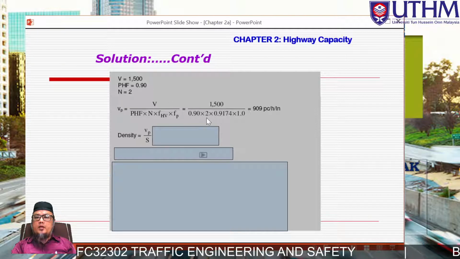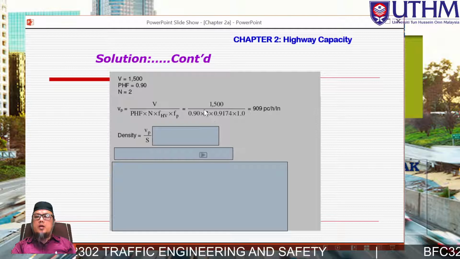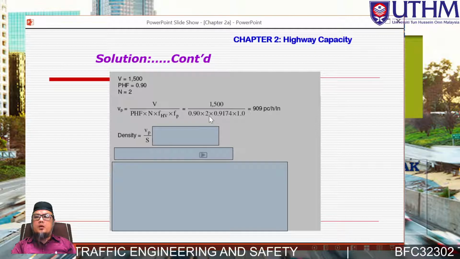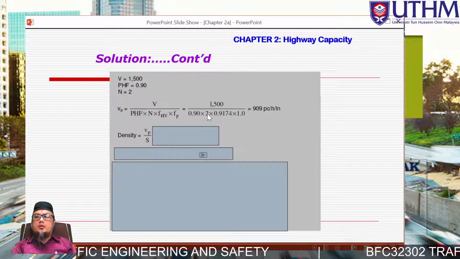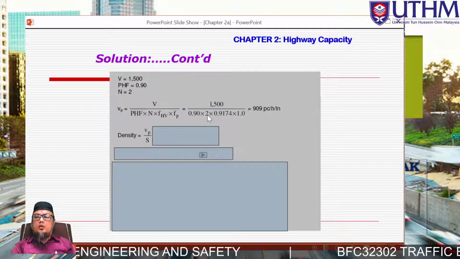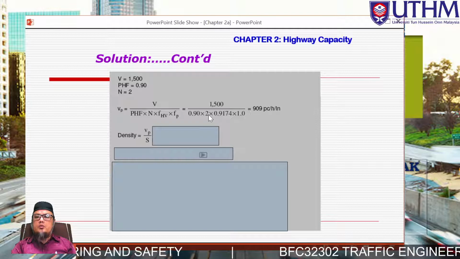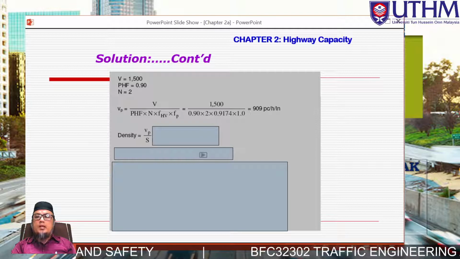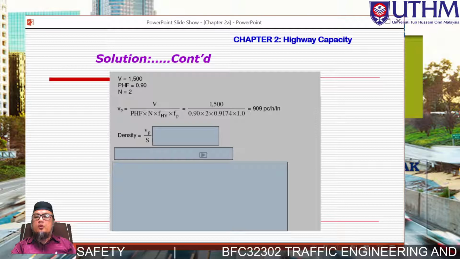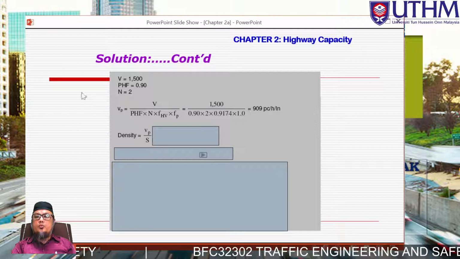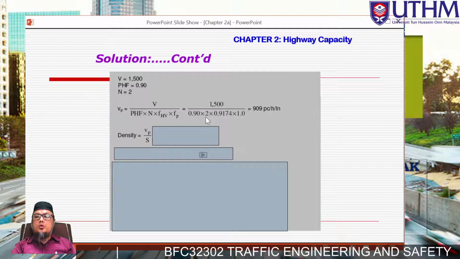This one is the number of lanes, not the total for the multilane highway facility, but per direction. Remember, we analyze for eastbound. So only 2 lanes for eastbound and 2 lanes for southbound. So we put 2 here, not 4 but 2.